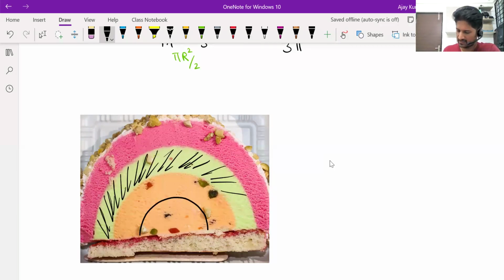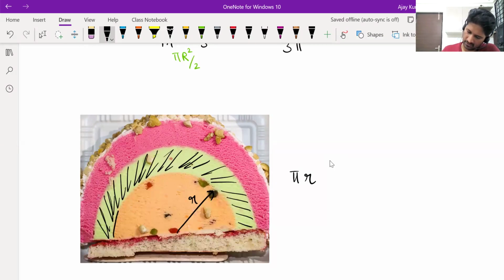In this picture, the width of the ring is significantly large. But if you take it very small, how you express that area is the length, which is pi r. Assume this radius is r. So this length becomes pi r, multiplied with the width. The width is nothing but dr from here to here. So that curved length multiplied with the width becomes the area of that ring element.